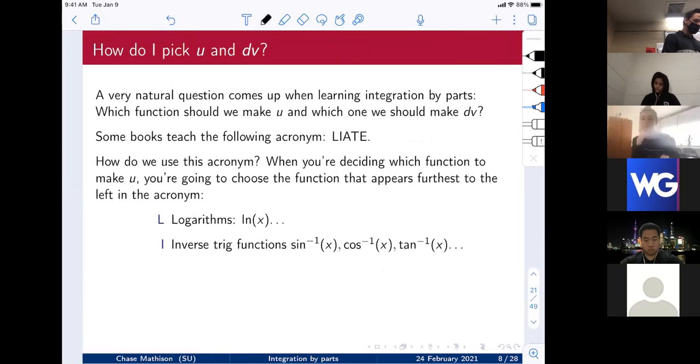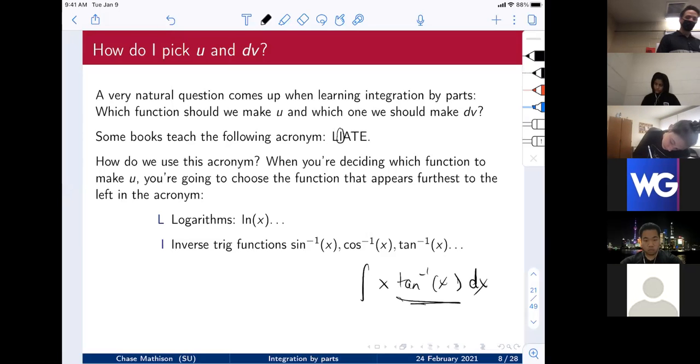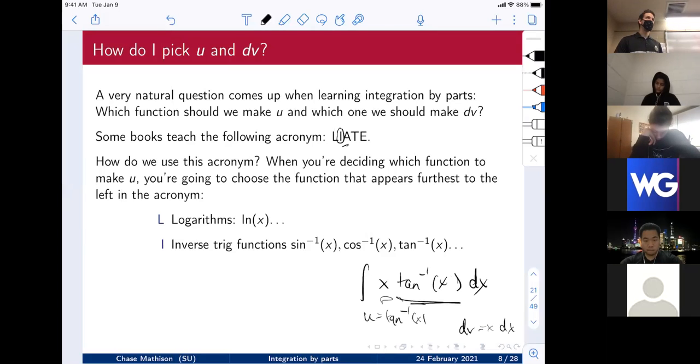So for instance, in the integral of x times the arctangent of x, arctangent is the thing that occurs furthest to the left. That's an I. The x, we're going to find out, falls under the A category. So you would pick u to be arctan, dv to be x dx in this example.